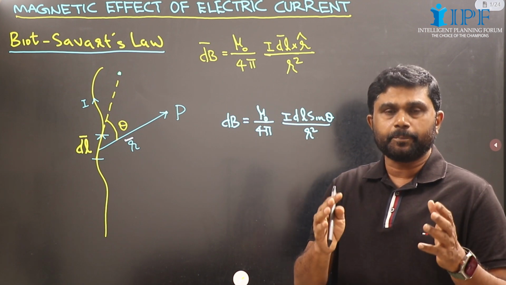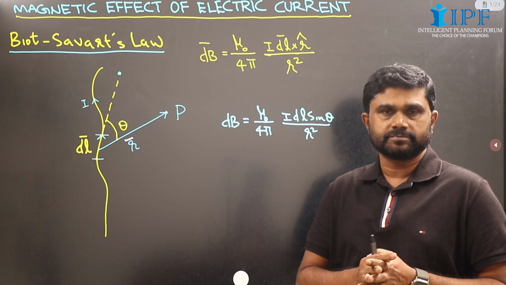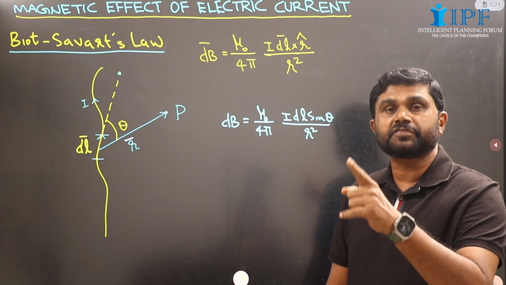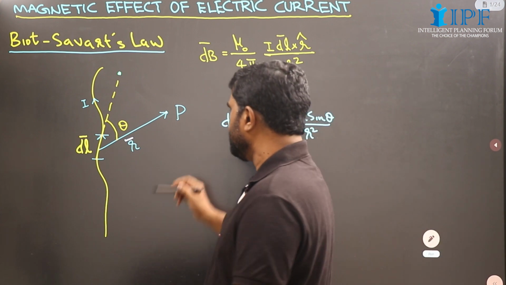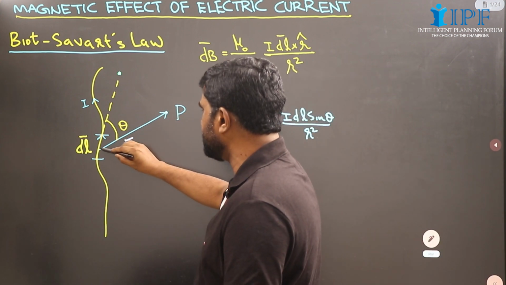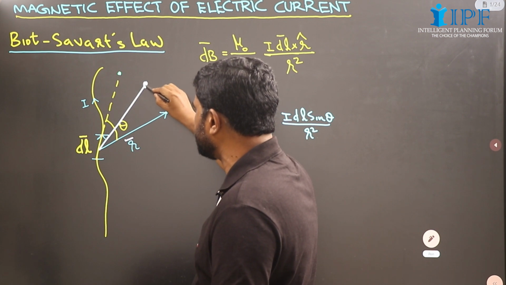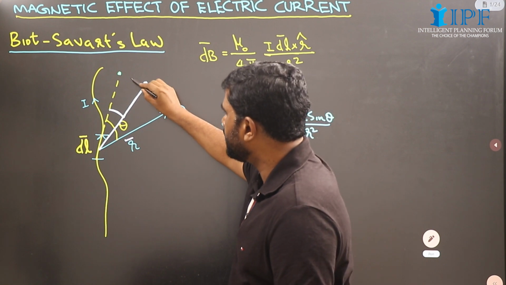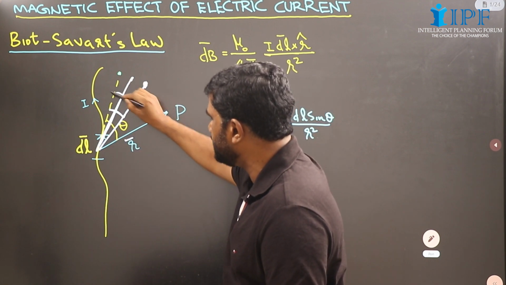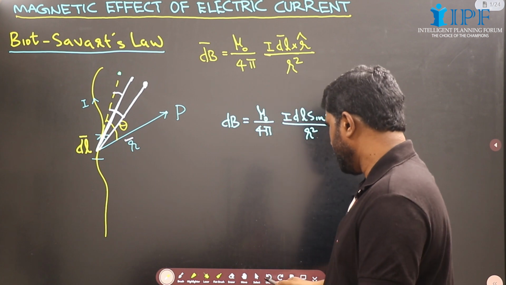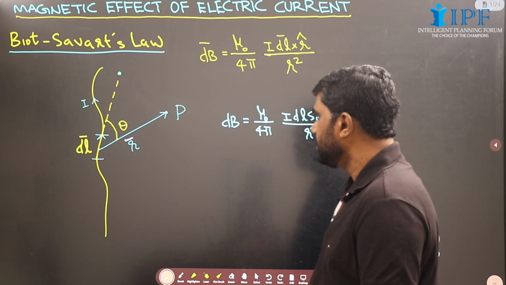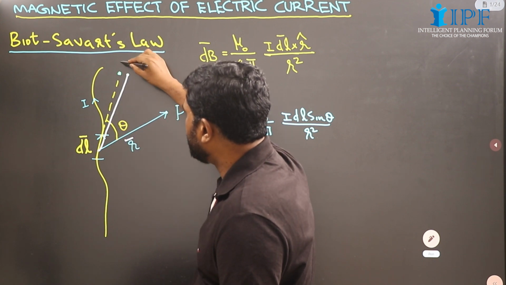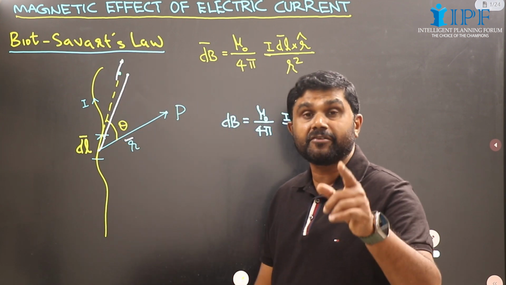The most important thing that you have to understand is this: if you take any points along the length of the element, and this is the point of observation, the angle is theta. If the point of observation is here, the angle theta is reduced. Now if it is here, theta is reduced again. If the point of observation is here, theta is very small, and if it is here, then theta will be 0.